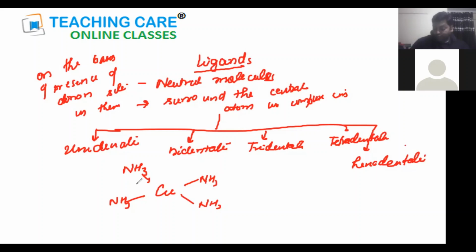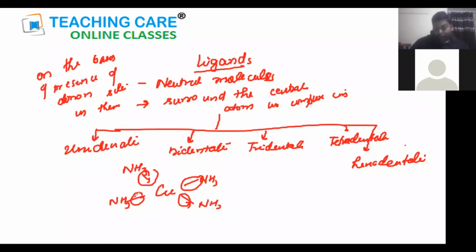So this is ammonia, one donor site, one donor site, one donor site, and one donor site. So it is unidentate. Got it?